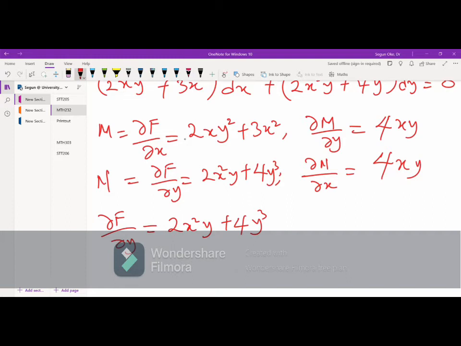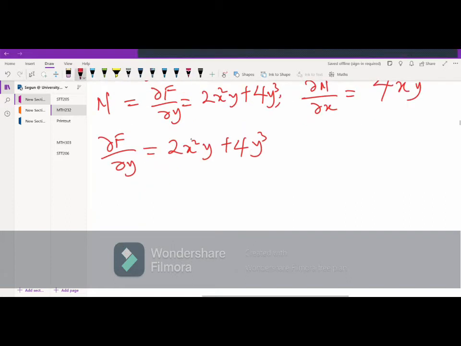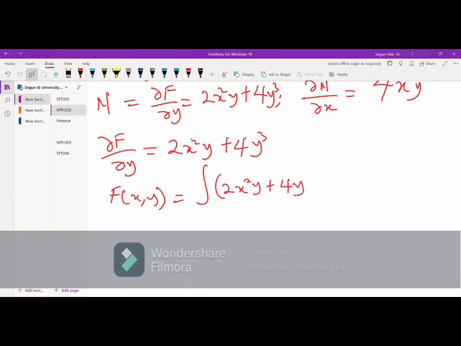So, which means our capital F of x, y is the same thing as the integral of 2x squared y plus 4y cubed dy. So let's integrate this one. What do I have?